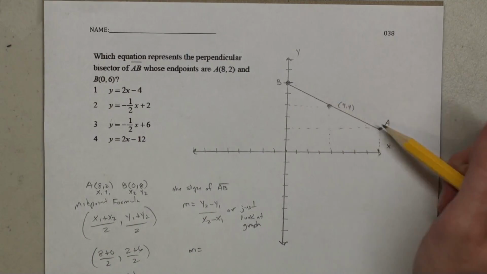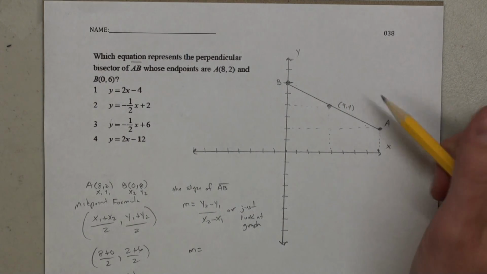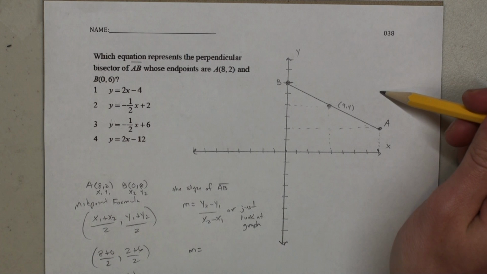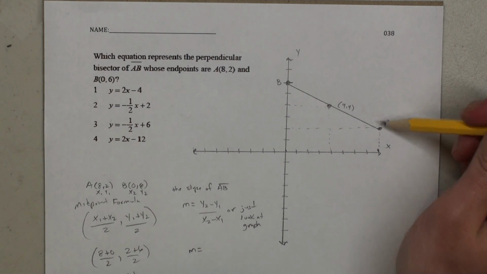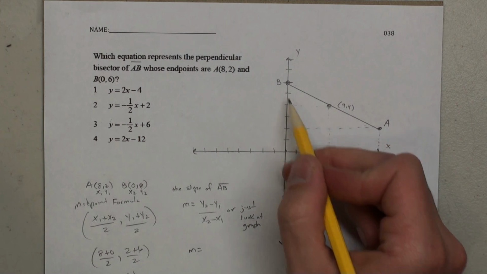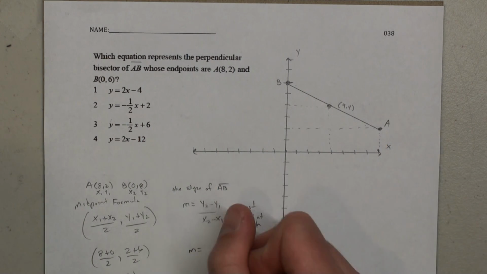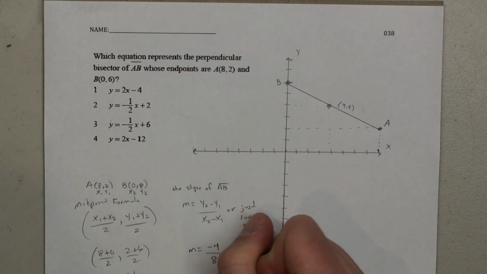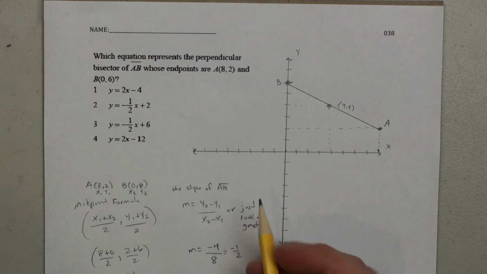To go from B to A, I go down 4 and to the right 8, which is negative 1/2.